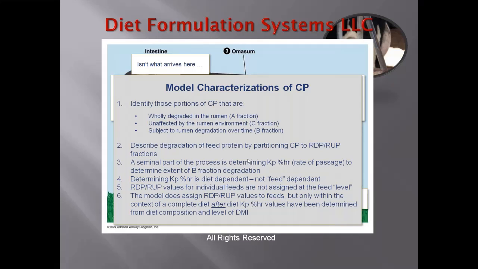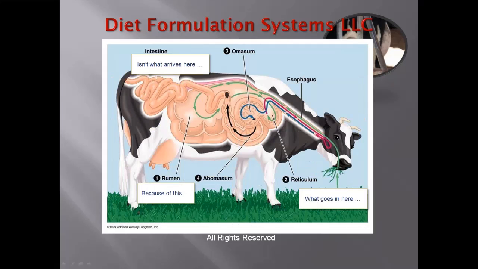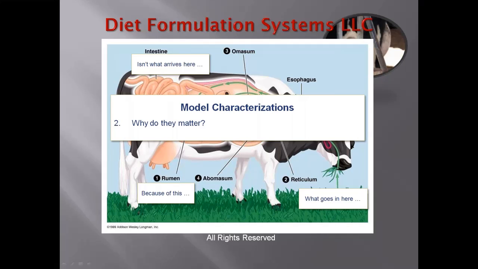The model does assign RDP and RUP values to feeds, but that's only done within the context of a complete diet, after diet passage rate values have been determined from diet composition and level of dry matter intake. So, are they important? Do they matter? Are characterizations of any significance? Yes. Because of the rumen, what goes in here isn't what arrives here.